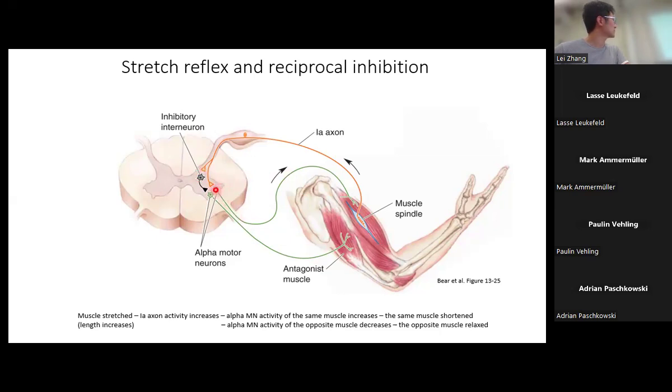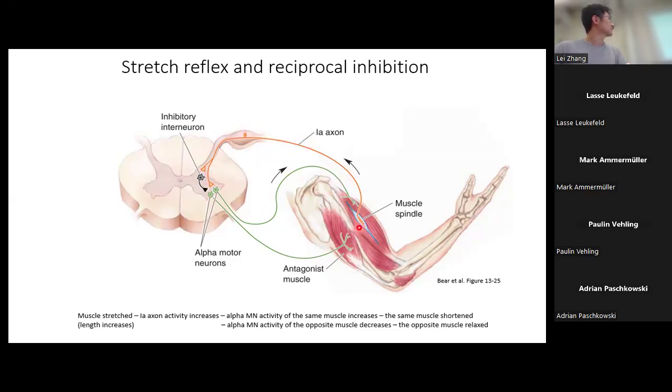Here, for example, if you activate this, this is called flexion, so this muscle is the flexor. If you innervate the flexor, then the flexor changes length, and you have the feedback loop through the sensory feedback.